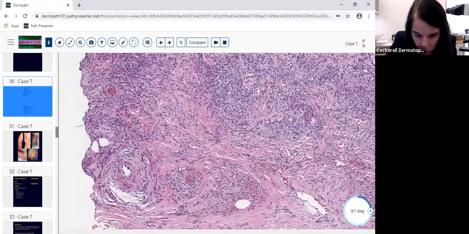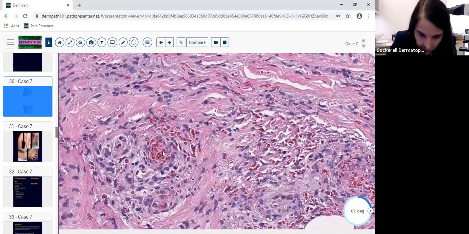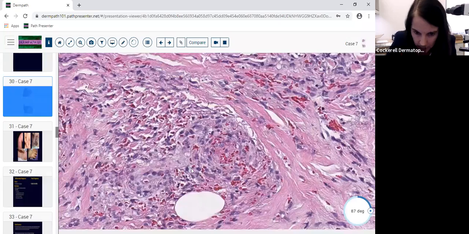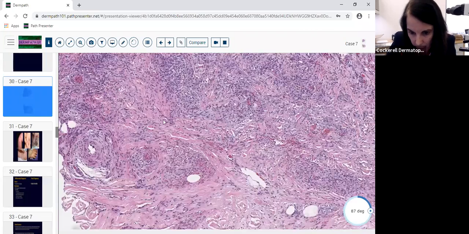Right away, my eye is drawn to this obliterated small blood vessel, and possibly there's some fibrin, platelets, and RBCs in this area. Also over here, this might be another obliterated vessel, and with all this hemorrhage around it, it must have a striking clinical appearance.